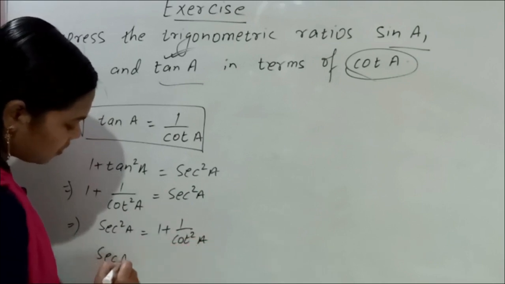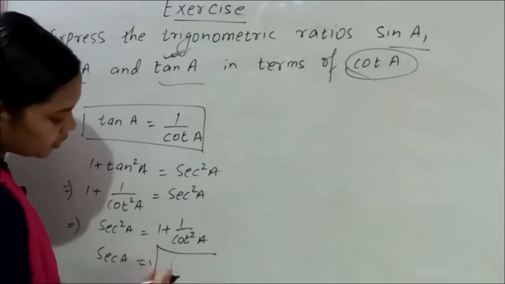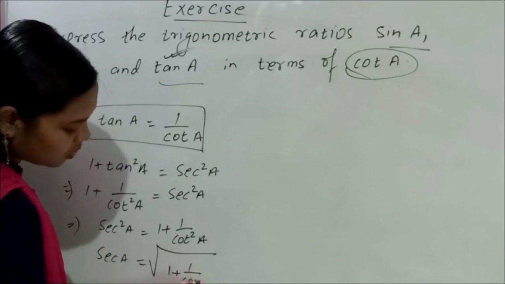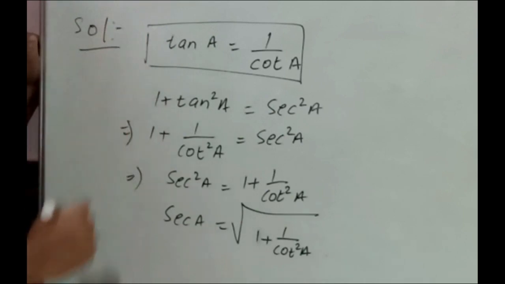Sec A is equal to what? Square root of 1 plus 1 by cot square A. Okay now? So sec A is also over.